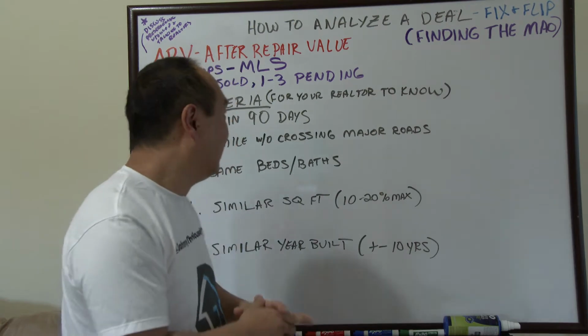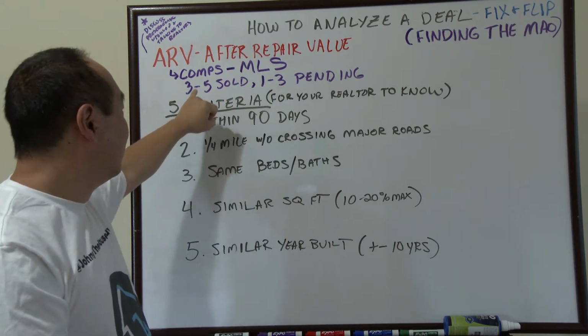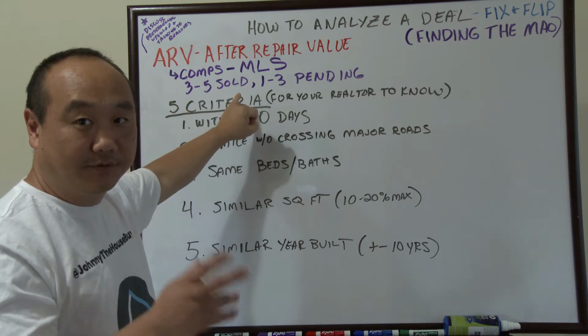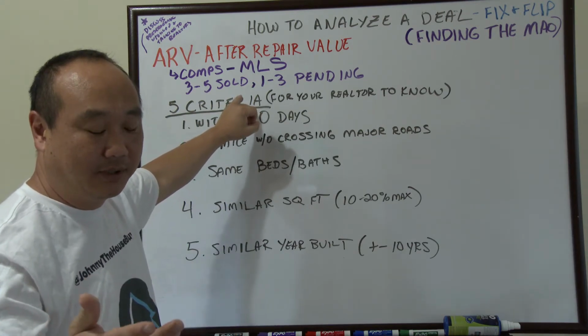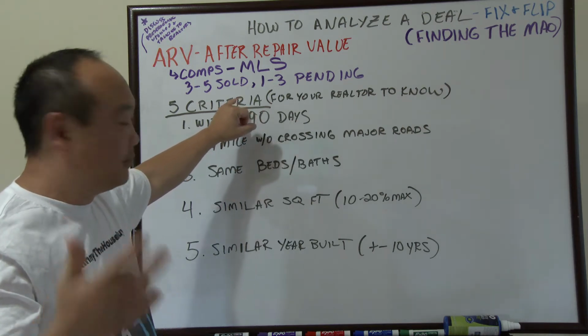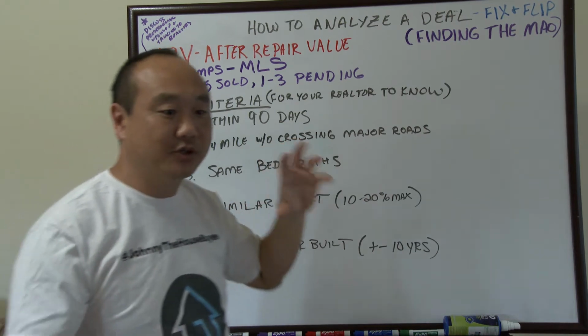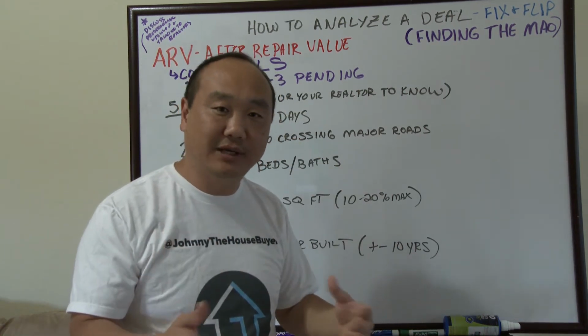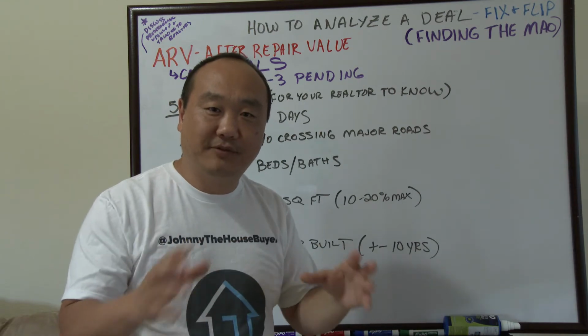Okay, so first thing we need to do is get comps. First we need to look at Realtor.com, Zillow, and Trulia, that kind of thing. So we're trying to find the houses that have sold in that area for that specific time frame.